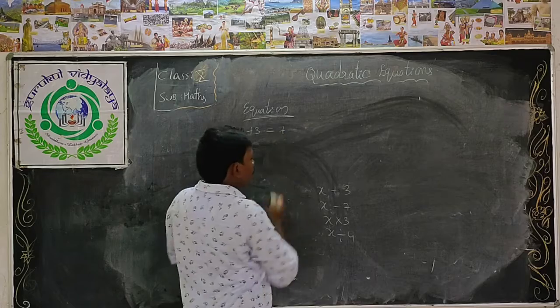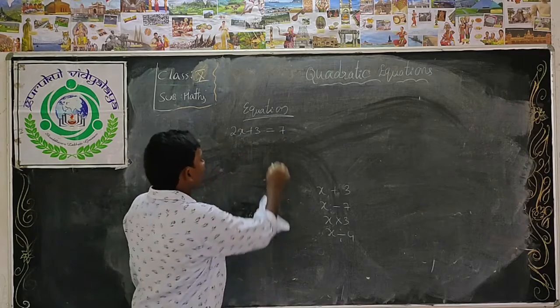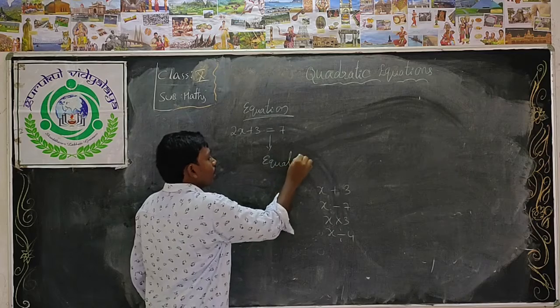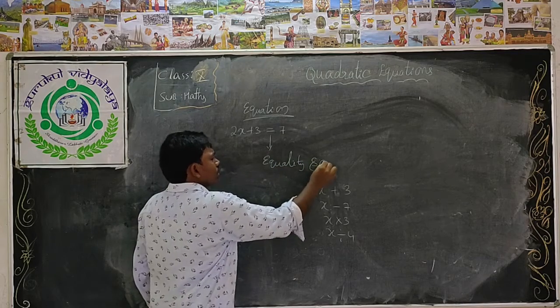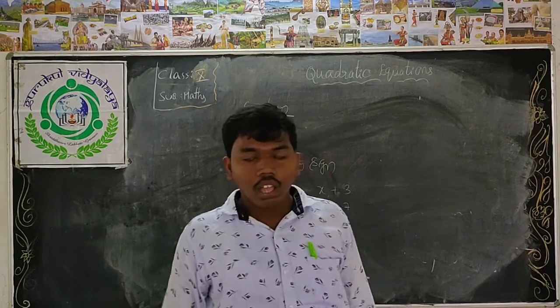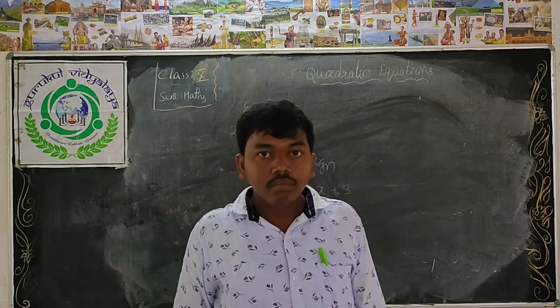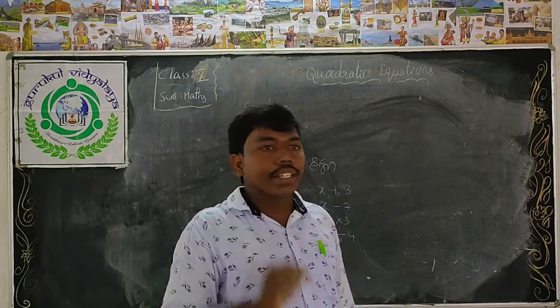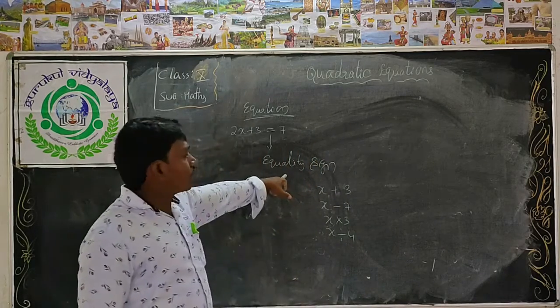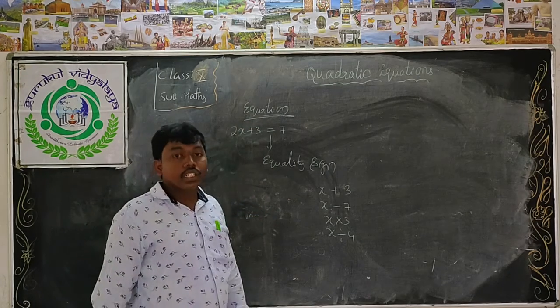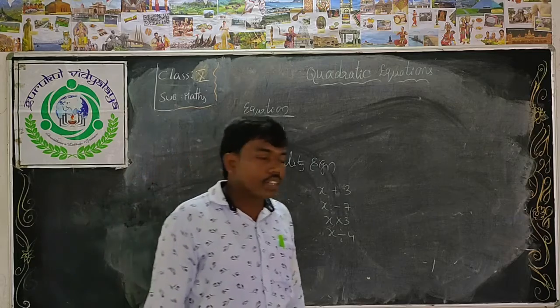These two algebraic expressions are separated by an equality symbol, an equality sign. This is called an equation. Again I am telling, two algebraic expressions separated by an equality symbol or equality sign is called an equation.